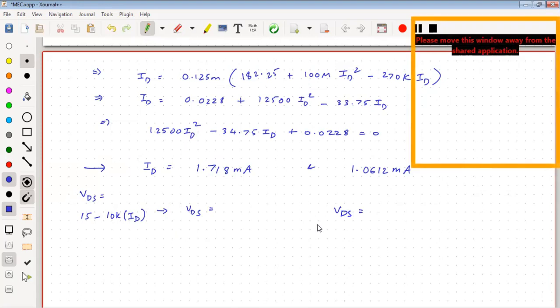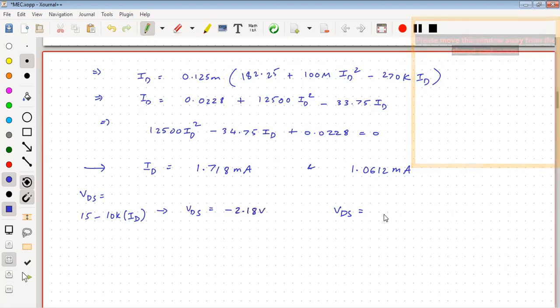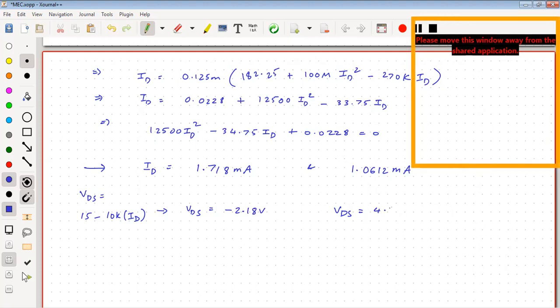Let us look at the first one. 15 minus RD into 1.7. This will turn out to be minus 2.18 volts. This one is 15 minus RD into 1.06. This one is 4.38. Right.